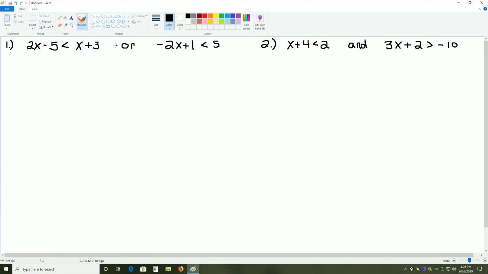So, to this or inequality, let's start by solving each inequality first. We're going to move this x to the other side by subtracting x from each side. And then to get it alone on the left, we're going to add this 5 to each side. I'm doing 2 steps in one here, but you could easily separate them.